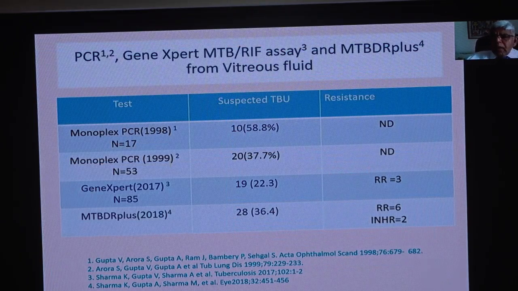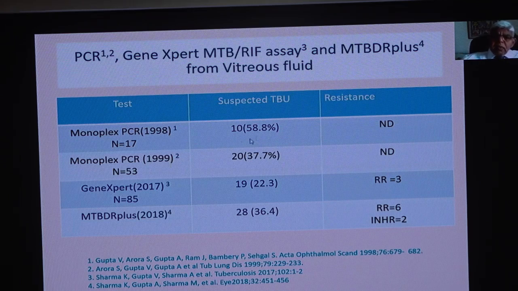Now, long time back, in fact more than 30 years ago, we started the ball rolling on TB uveitis, when the world was silent and people didn't believe that there was anything like TB uveitis anymore. We started exploiting the newly emerged technique of polymerase chain reaction for our patients where we clinically suspected TB uveitis.